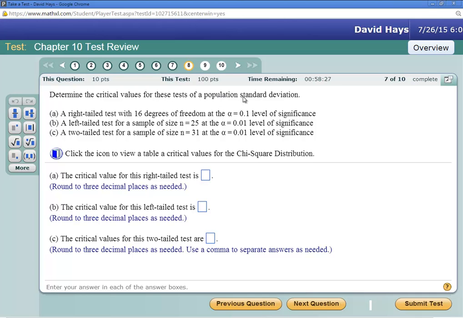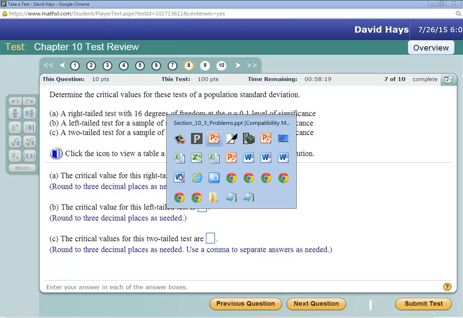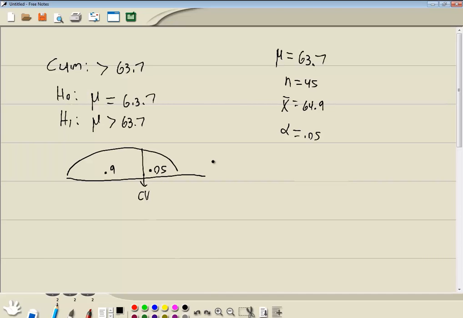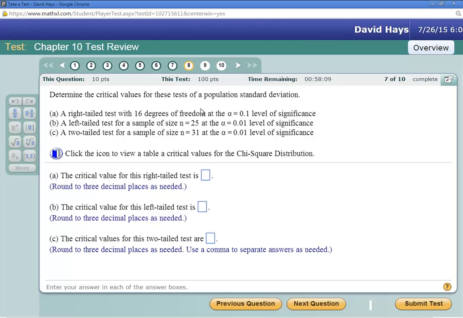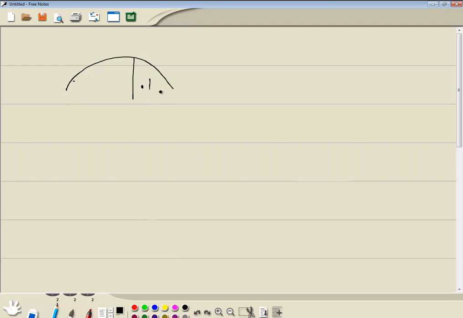Let's see. Okay, we're talking about this one. And so right-tailed test with 16 degrees of freedom. Let's draw that picture. Got a right-tailed test. 0.01. So alpha goes in the tail. And then this would be 0.9. And this is what we're trying to find.